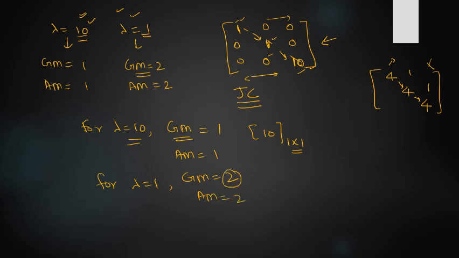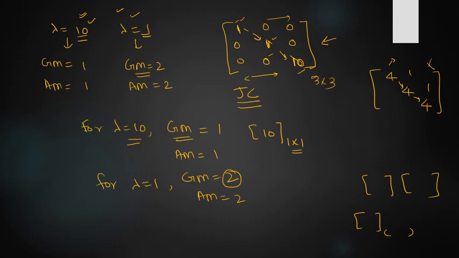So if geometric multiplicity is 2, that means you have to have at least 2 blocks which have the summation of order as the order of the matrix. So your order of the matrix is 3 by 3.